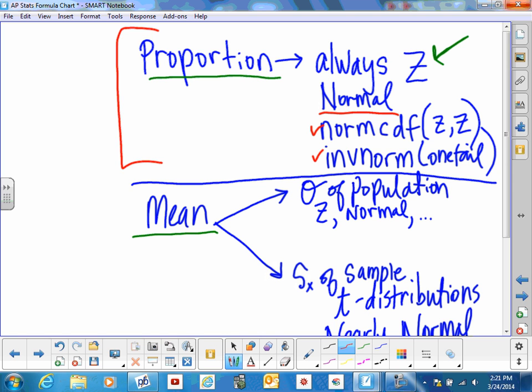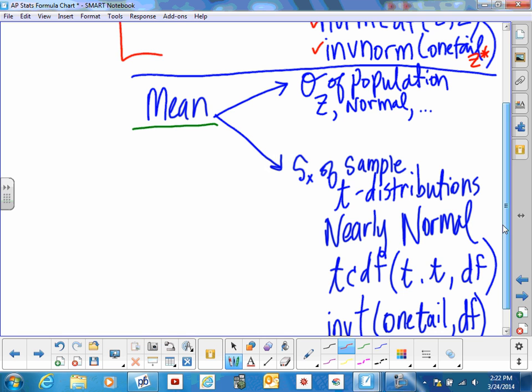And then inverse norm, if you're finding a critical value, your Z star, of one tail, no degrees of freedom. That's kind of when you're finding that critical value. Okay. But for means, you have an option. For means, there's two things that could happen, and we've already referenced this.